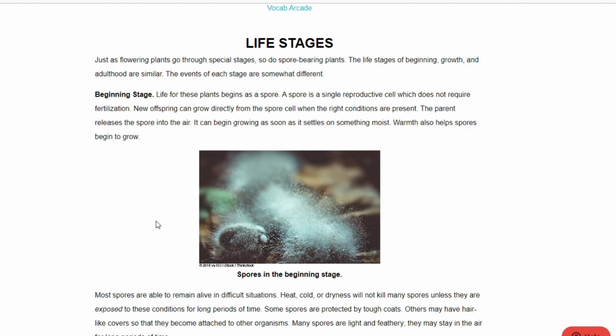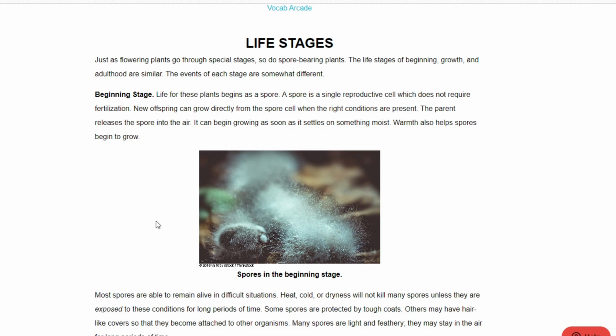Heat, cold, or dryness will not kill many spores unless they are exposed to the conditions for long periods of time. So basically, when a spore has been sent out, it's not requiring food and light and water. And so that's what I mean by, in a way, it's not like it's alive.